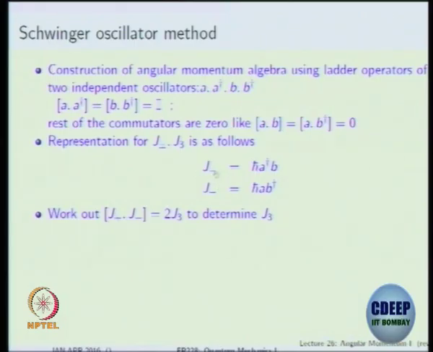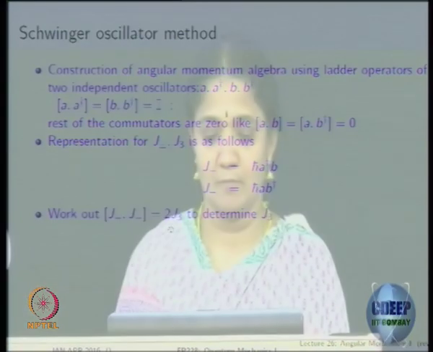So this is a representation for J plus and J minus in terms of two harmonic oscillator operators, and using this representation we want it to satisfy the angular momentum algebra, which will give you the representation for J3.